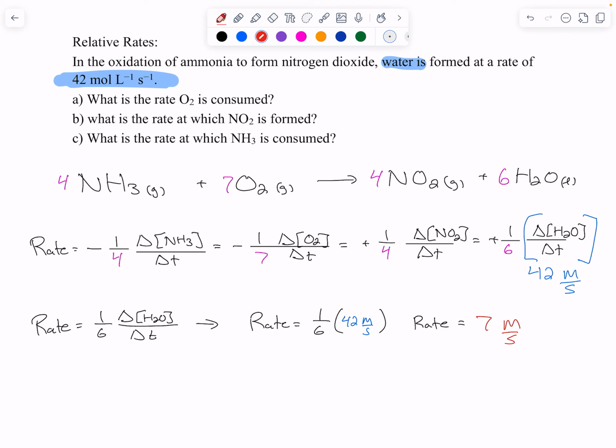So you're all in the same car, and the overall car has a speed, but tires are going different, right? They rotate differently. The people inside are technically going different velocities on a turn, which is kind of crazy, right? We don't think about it that way, but we are. And so the reaction has an overall reaction speed, but because we have coefficients, each individual component has a different rate relative to the overall reaction. So now we know the rate is 7.